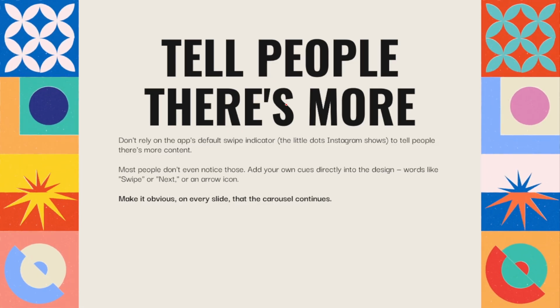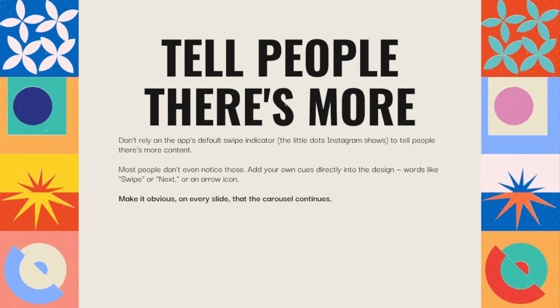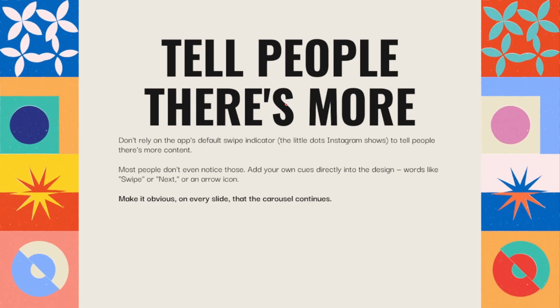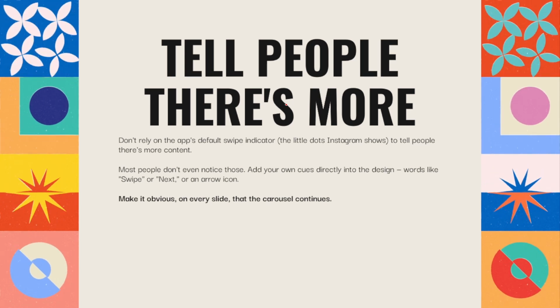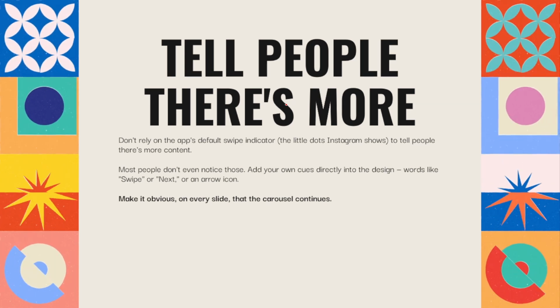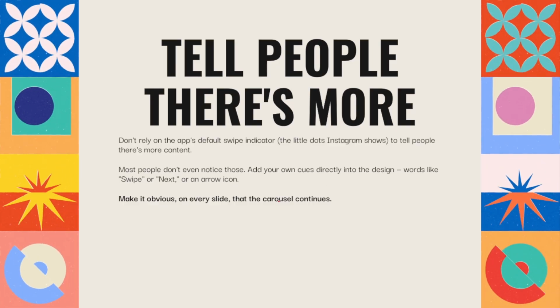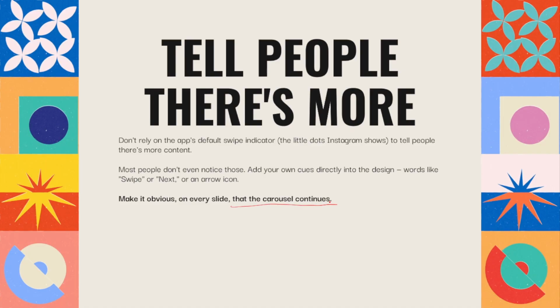Things like that are very important because they serve as a call to action on every single page. And on the last slide, you have something like click this link, drop a comment. Those are calls to action. They are very important in carousels. So you have to make it obvious on every slide that the carousel continues.